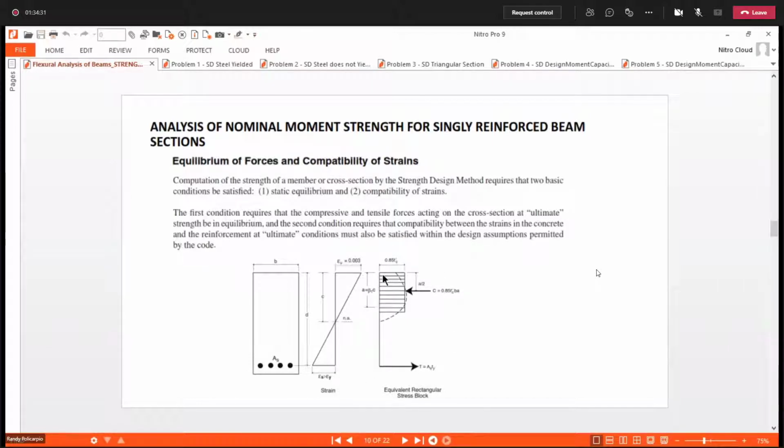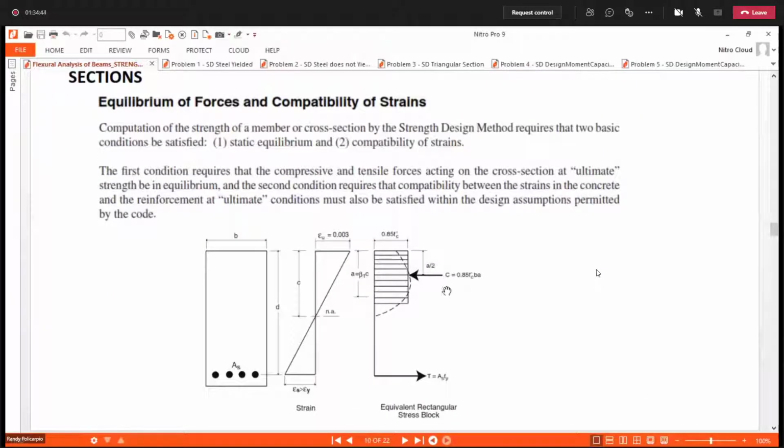Since we are considering the rectangular block, the equivalent compressive force can be computed using this equation. The compressive force is equal to 0.85 F prime C B A. Yung B is the width of the section, A is the depth of the compressive stress, 0.85 is the intensity of this stress, the maximum intensity.